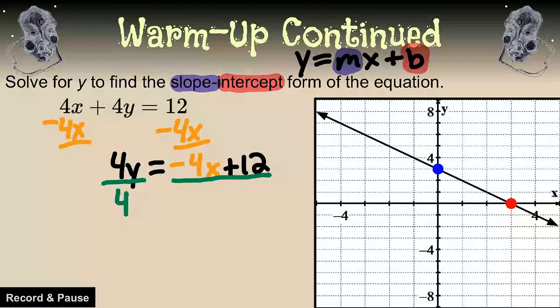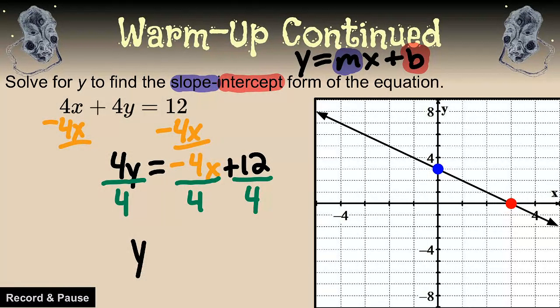You can just say the whole thing divided by 4 like that, or you can say, I'm going to divide this part by 4, and I have to divide that part by 4. You have to divide both parts by 4, so I prefer to break it up so that I remember that I have those two parts. That's just the way I do it.